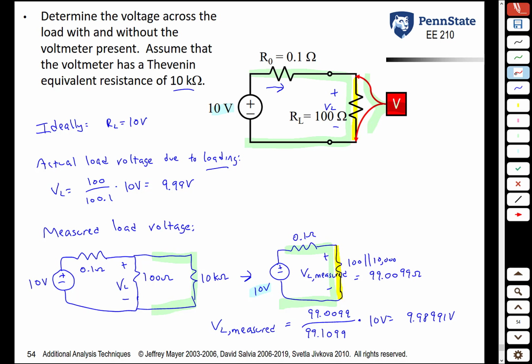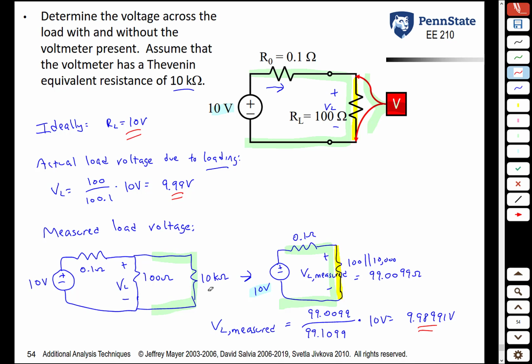So you have three different situations. Ideally, if you ignore the loading effect and ignore the voltmeter itself, you would expect 10 volts across the load because you're connecting a load up to a 10 volt source. If you take into account the loading and the internal resistance of the source, the actual voltage you're going to get is 9.99 volts. And finally, when measuring the voltage across the load, we need to take the resistance of the voltmeter into account, and the actual measured voltage is even going to be less, in this case 9.98991 volt.